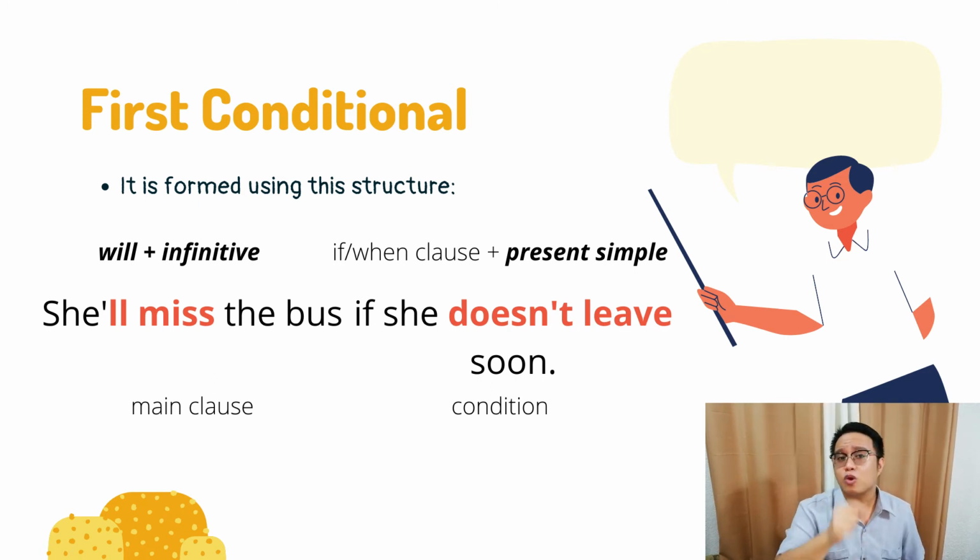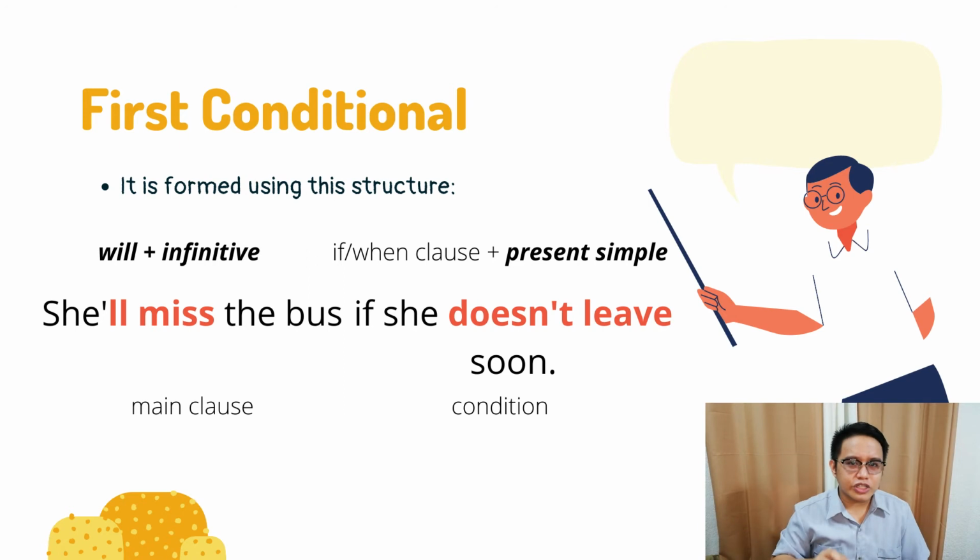So, it uses will plus the infinitive or the bare form of the verb, which is miss, plus the if clause. So, if she does not leave, so present simple tense, so does not leave. Okay? So, present simple tense, that's the condition. Okay? So, I hope it's clear.